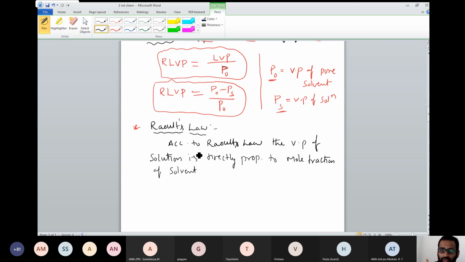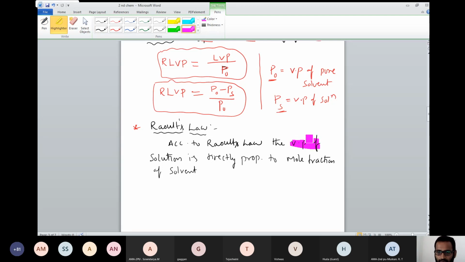So vapor pressure of a solution will increase or not? PS, the vapor pressure of solution, you have there in red color. Here you have PS equals vapor pressure of solution. So when the mole fraction of solvent increases, vapor pressure of solution increases. You can highlight that.